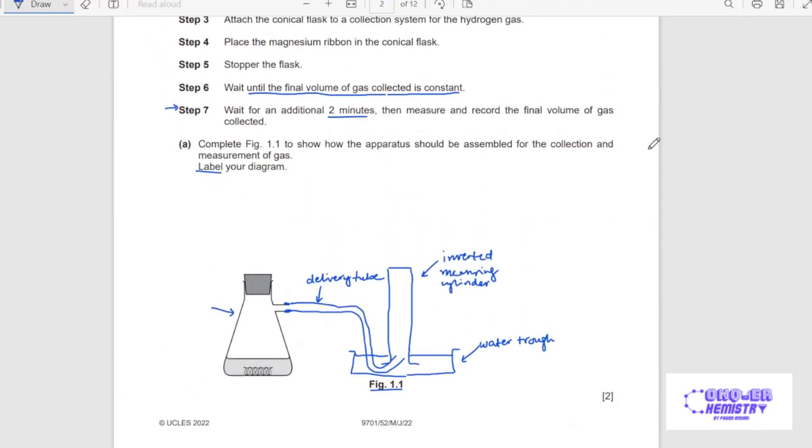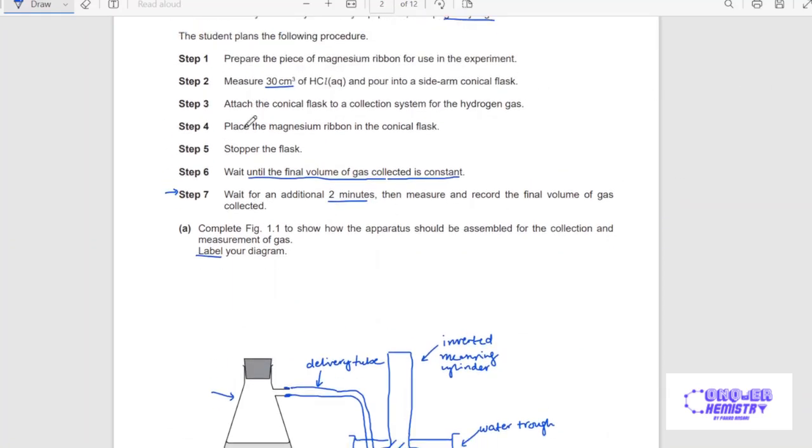All right. So it says over here, if you take a look at step 4 over here, it says place the magnesium ribbon in the conical flask. All right. We already have in step 2 poured the HCl into the conical flask. It's already there. Then in step 4 we place the magnesium ribbon in the conical flask again, and then in step 5 we are going to stopper the flask.